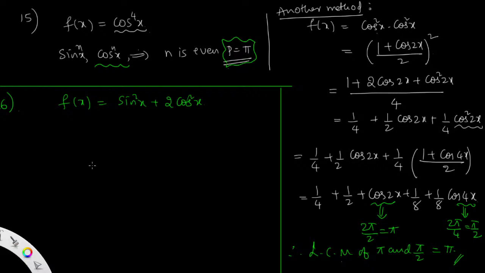What is the answer? Yes, pi only. Sin square x period is obviously pi since n is even, and cos square x period is pi. Then the LCM of both functions, pi comma pi, is equal to pi. That's all.